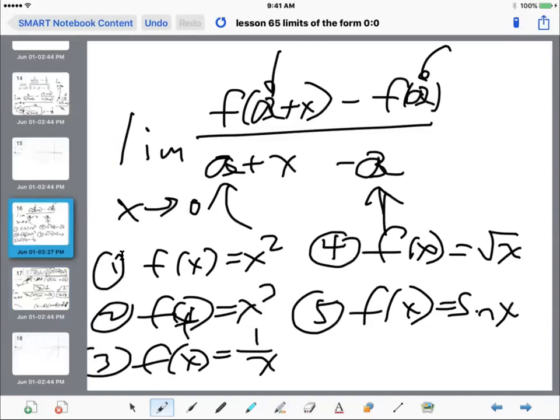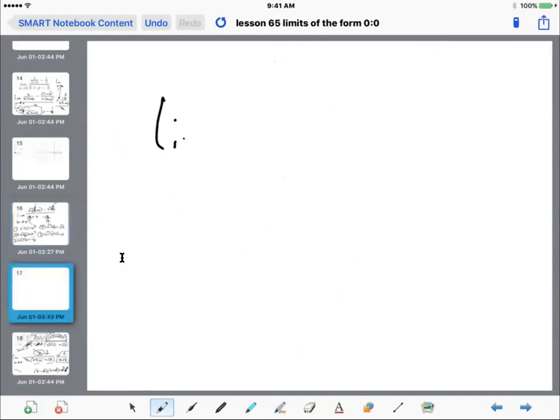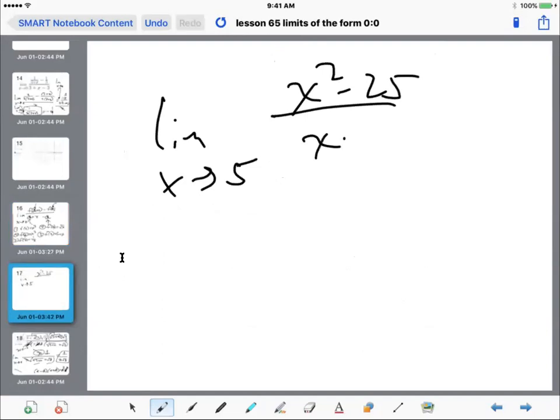Oh, I see a question here. What happens when it goes to something else? Well, if it goes to something else, you usually don't get a 0 over 0 situation. But we could create a question where the limit as x goes to 5 of x squared minus 25 over x minus 5.